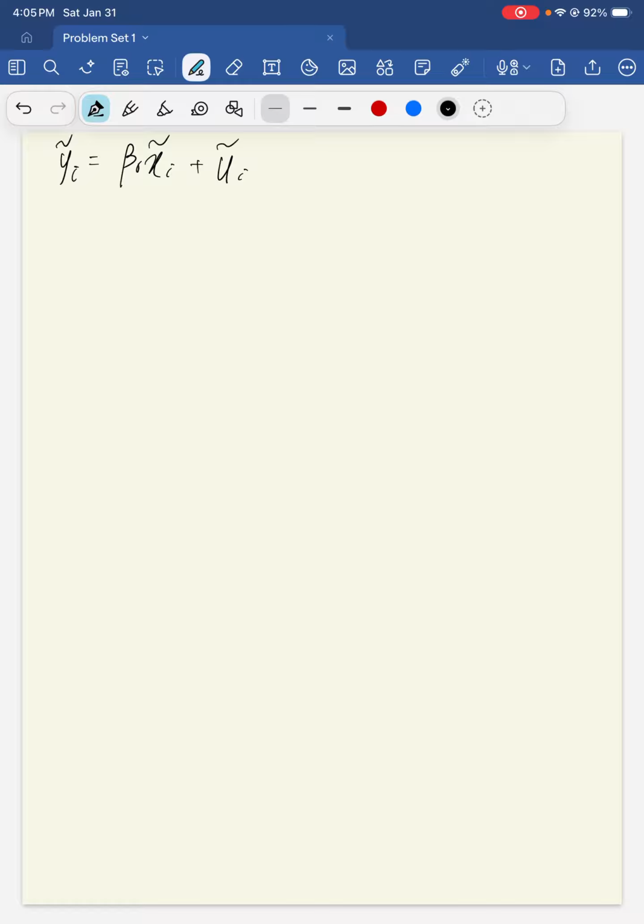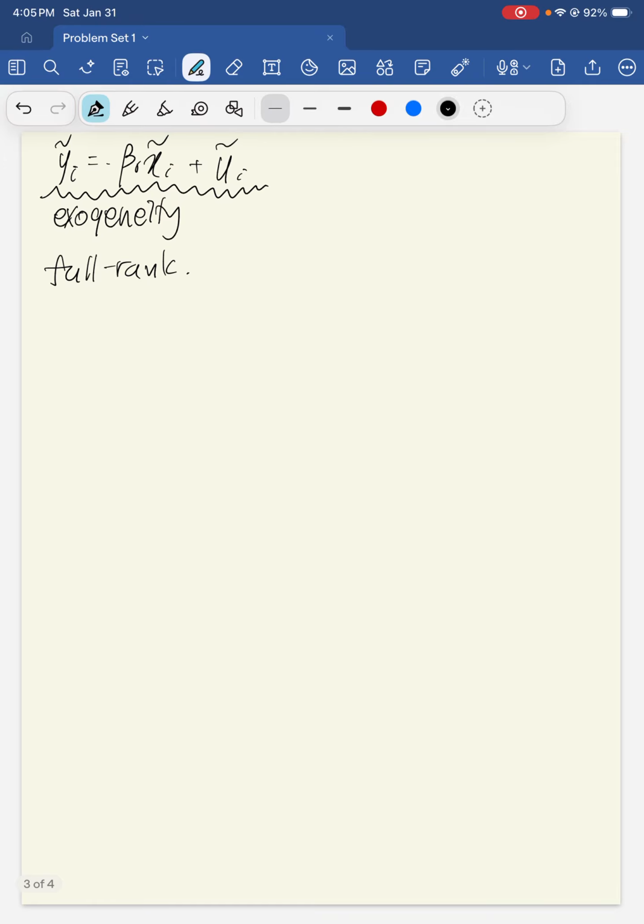So we wanted to check exogeneity and full rank assumption for this equation. Okay, so look at this. This linear regression model has only one regressor. There is no intercept. So the exogeneity assumption is simply one equation. If you show this, that is all the exogeneity assumption you need.